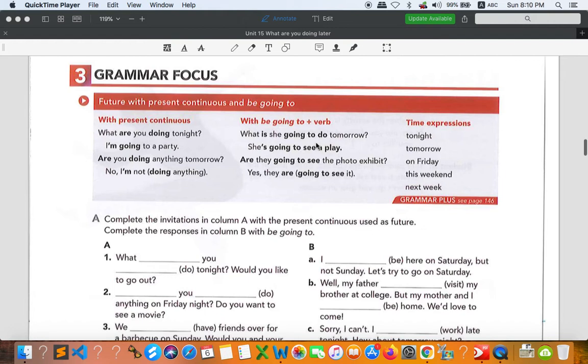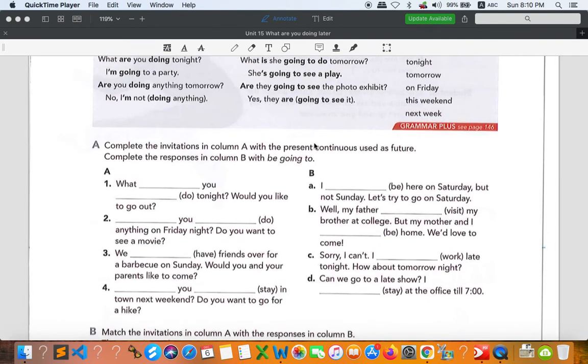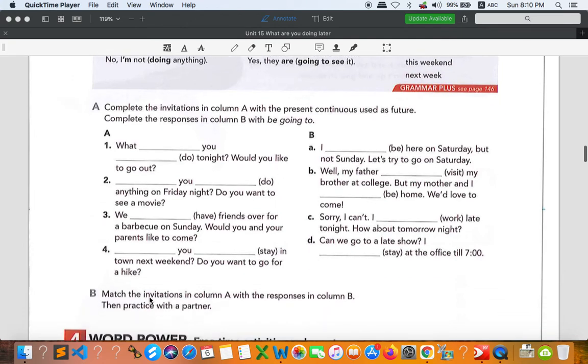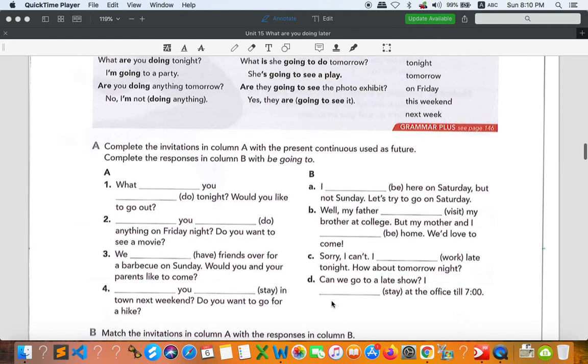And at that time, I asked you to do exercise A, column A with present continuous, and column B with be going to. And after you finish part A, you can go to part B by going to match, write the invitation in column A with responses in column B, okay? So let's try all together this time.